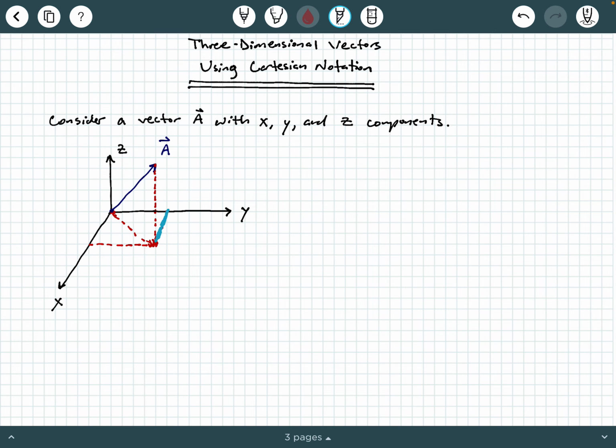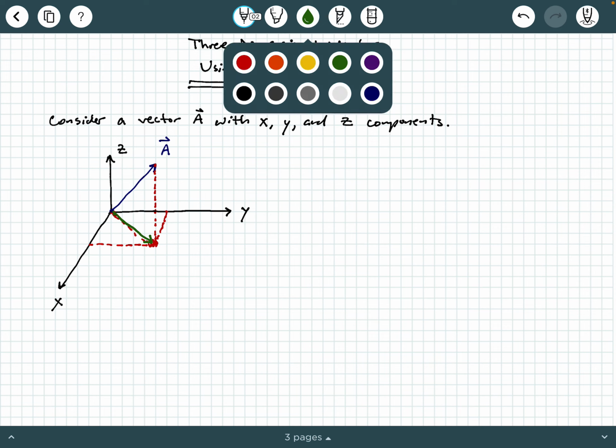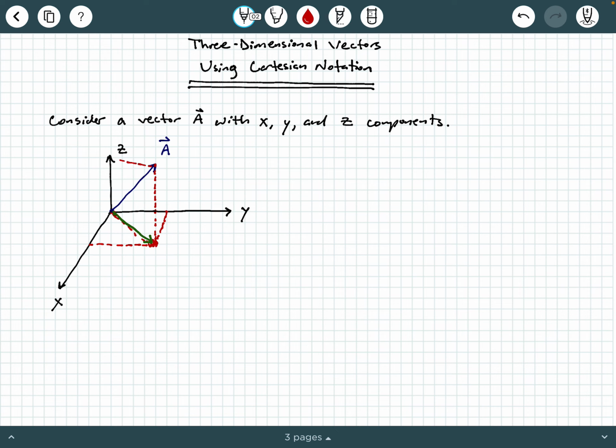This dashed red line here is parallel to the x-axis, and then this dashed red line here is parallel to the y-axis. So what I'm able to sketch is this projected shadow, if you will, of vector A onto the xy plane, okay? Now, what about the z-axis? Well, the z component is going to be projected back here, okay? So this will give us the z component of that vector A.